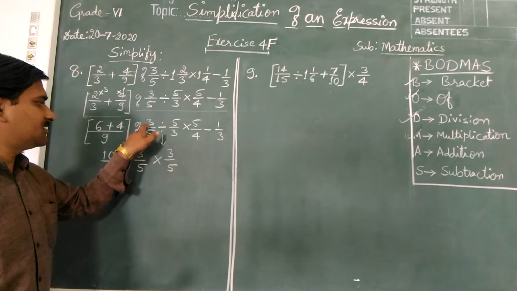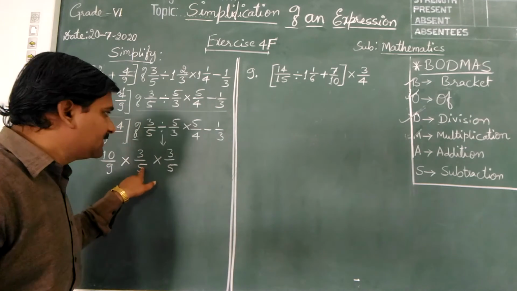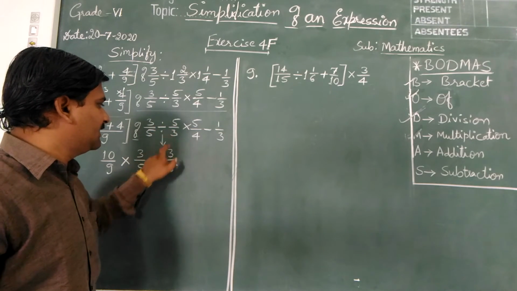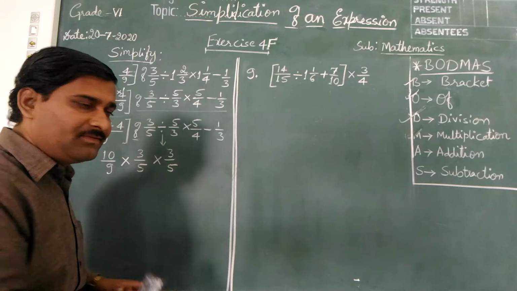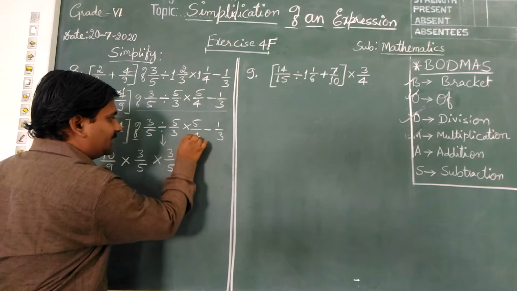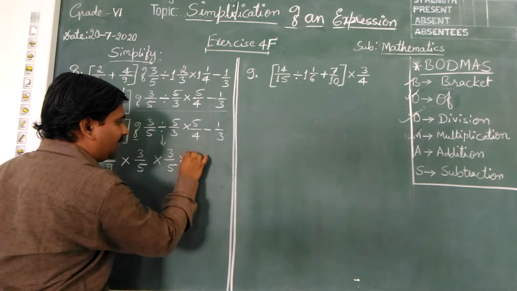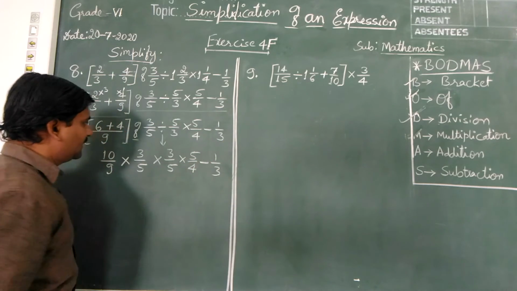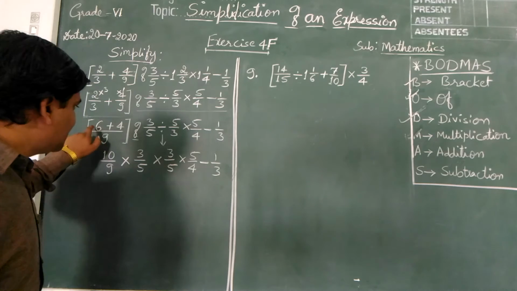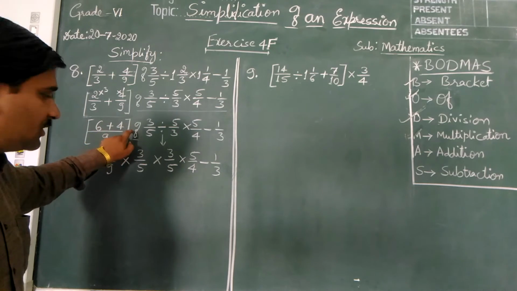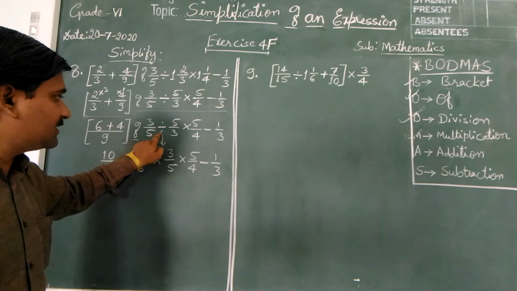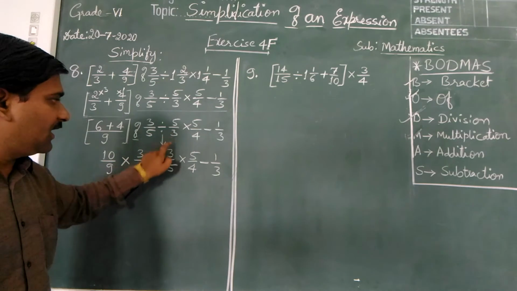In the division, first we write as it is, and the second we write its reciprocal. 5 by 3 will be 3 by 5. And this I will copy as it is, into 5 by 4 minus 1 by 3. Just now, children, we added 6 plus 4, used 'of' means multiplication, changed division to multiplication, and wrote the reciprocal.